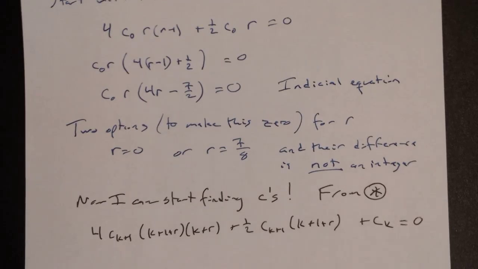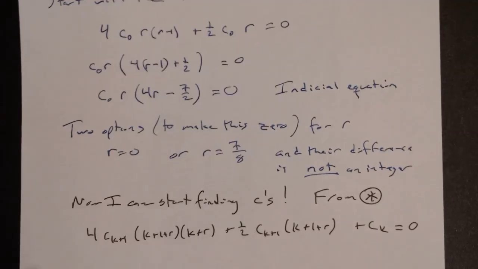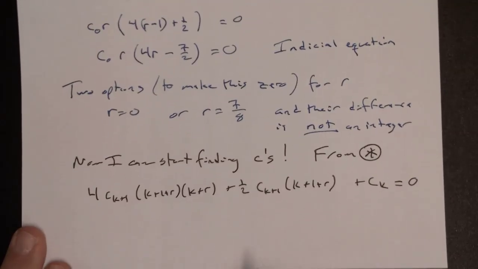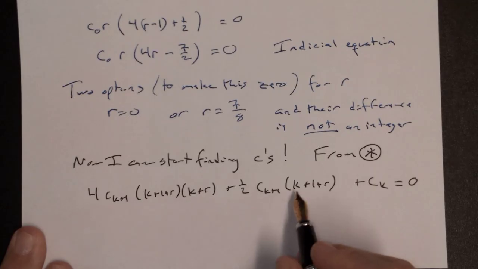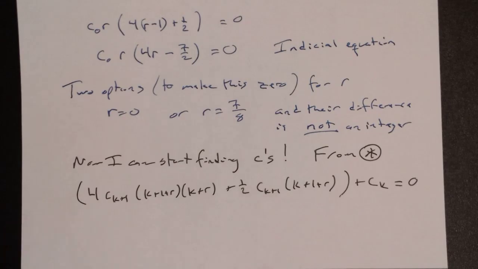So now, again, as I said earlier, there is going to be some messy algebra. I need you to write this CK equals a bunch of stuff times CK. Oh, CK plus 1, right? I want the CK plus 1 all along, so I can tell you the next term is based on the previous one. Okay, wait a minute. These are CK plus 1. Matter of fact, there's a common factor of CK plus 1. There's a common factor of K plus R plus 1.